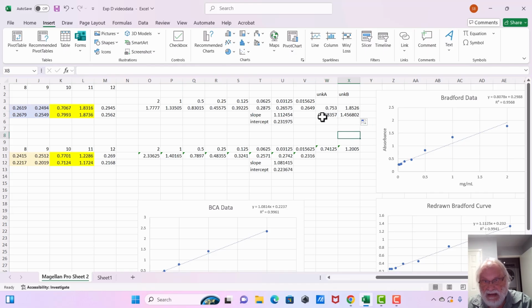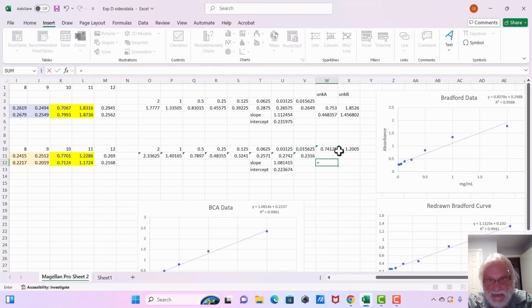And we have those two concentrations. So it says that we determined that to be about 0.46, maybe 0.47. This is 1.45. Let's go ahead and do the concentrations here. Is equal to their y, which is this value, minus b, which is that value.